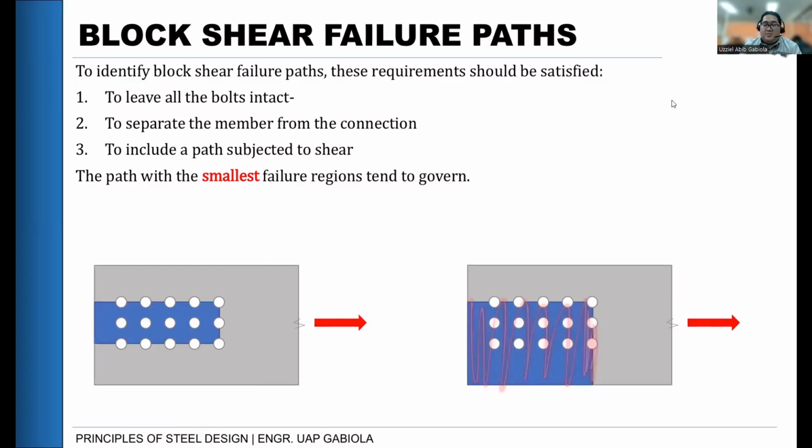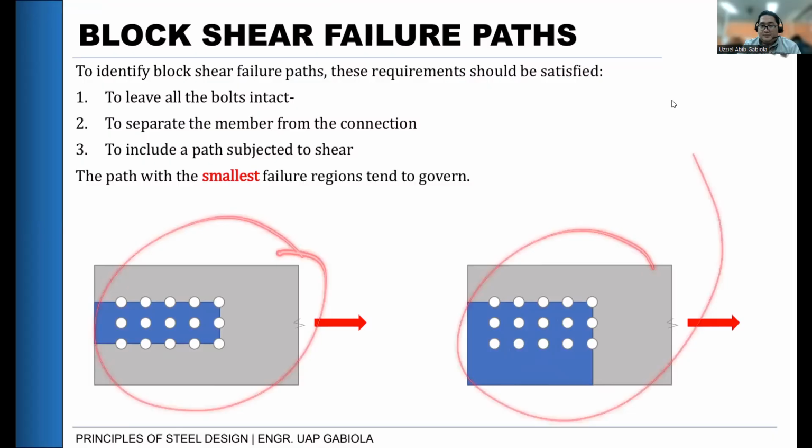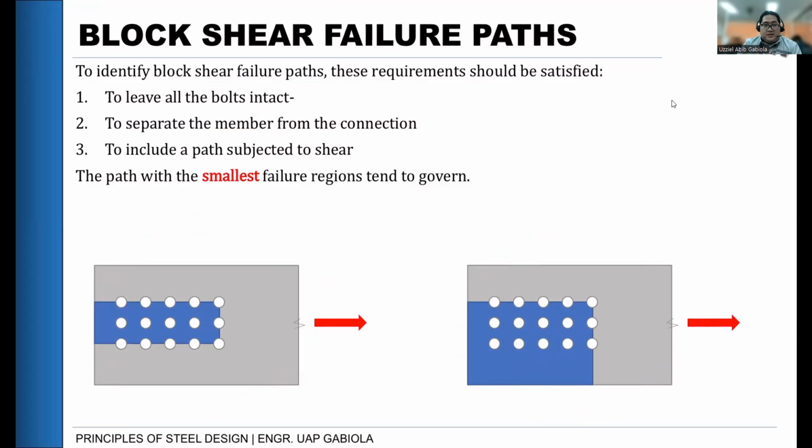What do you think yung magbibigay ng smaller na resistance? Kasi ang kailangan natin, di ba, nung nagsaselect tayo ng governing na value ng resistance is yung smallest value. So dito kailangan din natin ng smaller value. So alin sa tingin niyo magbibigay ng resistance na smaller ang value? Yung left, this one, or yung right one? What do you think, guys?